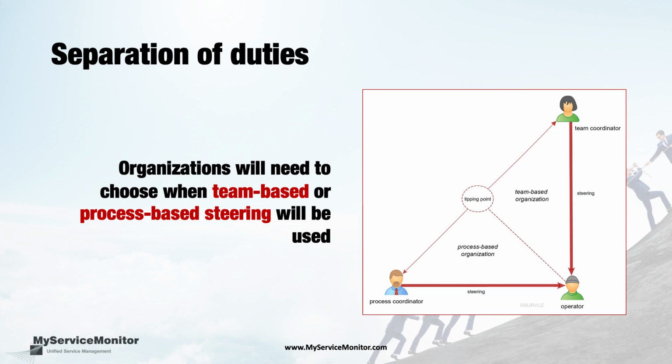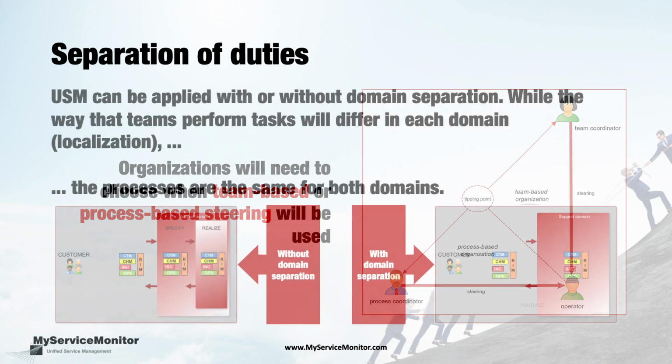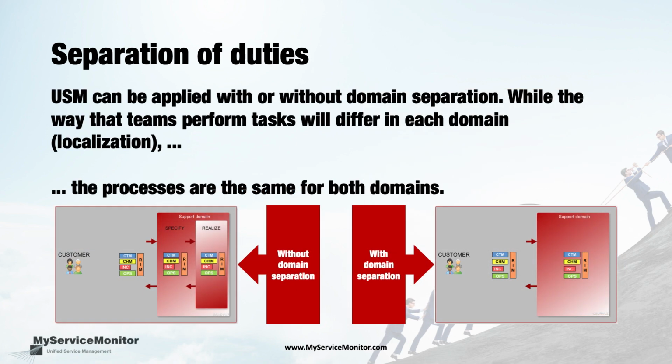But using a matrix allows for the interaction between two different perspectives and can foster better decision-making, more efficient use of resources, better cross-functional collaboration, and other benefits, as long as you have good communication and well-defined profiles. But regardless of the approach to domain separation, or to what degree you do or do not use domain separation, the way that each team performs tasks can be localized based on different practices. And at a process level, they'll still be the same for each domain.